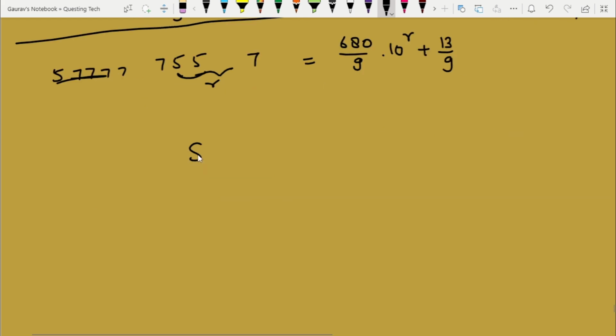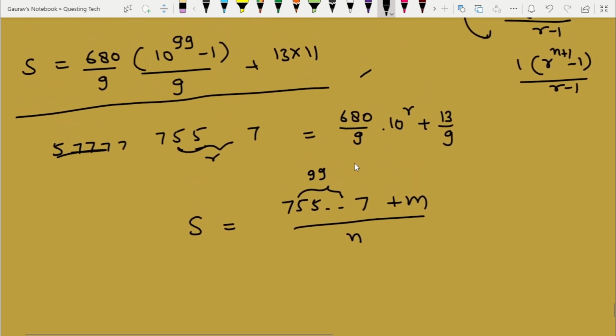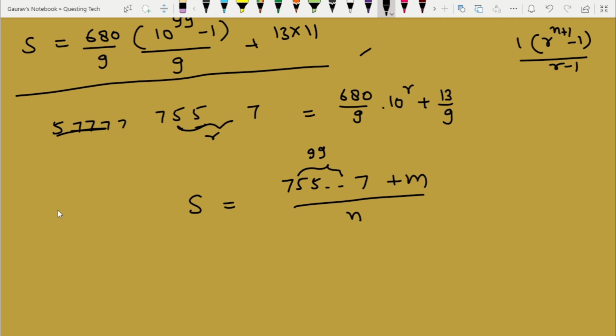This is our number. The sum is equal to 7557 times 10 raised to power 99 plus m divided by n. So what is our number? 680 divided by 9, times 10 raised to power 99 minus 1, divided by 9 also, plus 13 multiplied by 11.